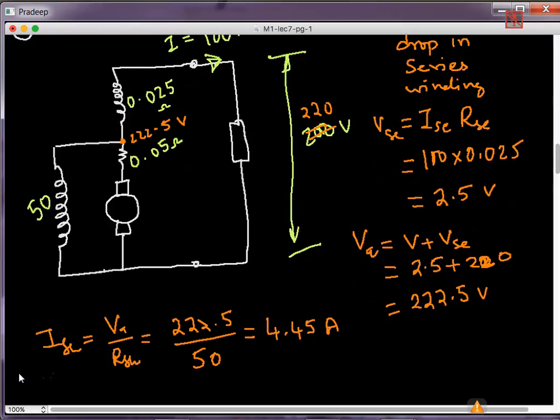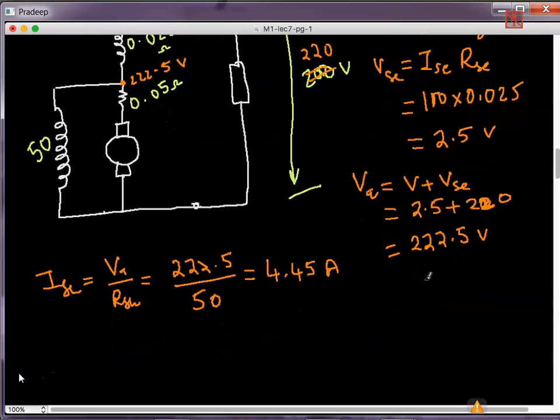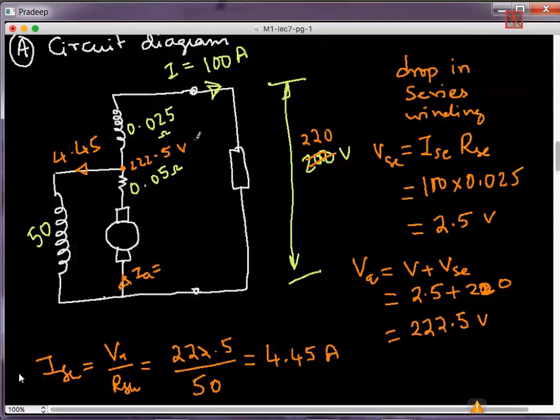Now that I calculated the shunt current, from this I can find out the armature current. This is 4.45. Therefore the armature current will be the addition of the previous two currents. So this is 4.45 and this is 100. So I will get 104.45 amperes.